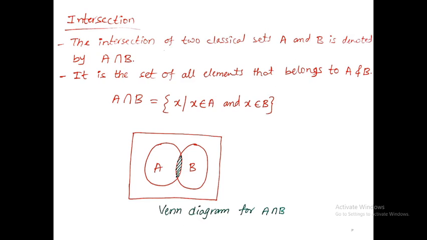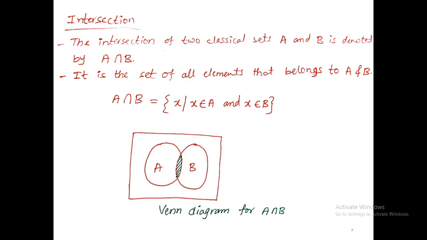That can be represented in set theoretic form: A intersection B is equal to x such that x belongs to A and x belongs to B also.